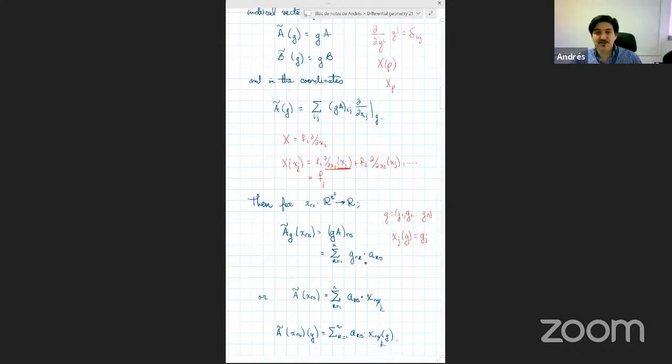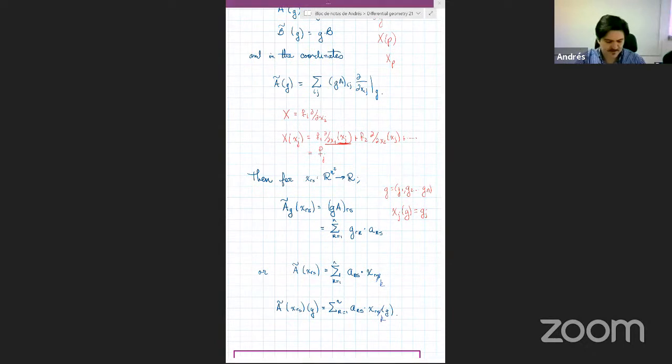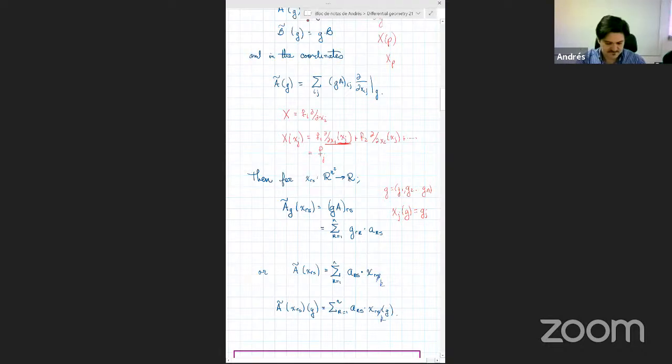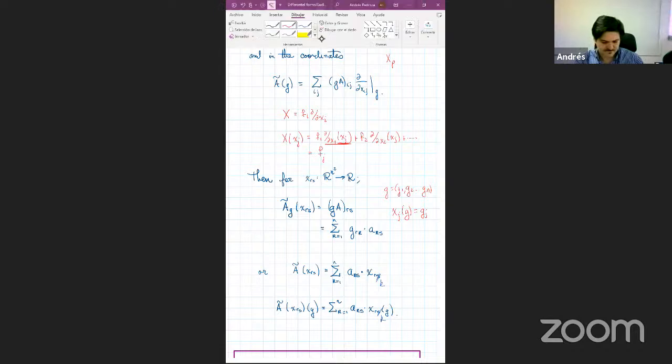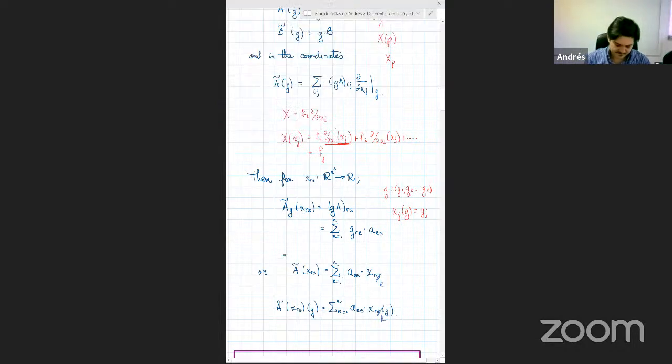Okay, so far so good? And this is the formula that we will use, okay? This formula will be useful.